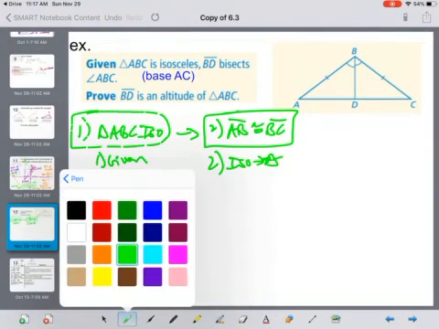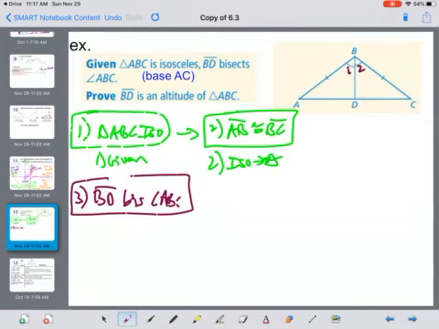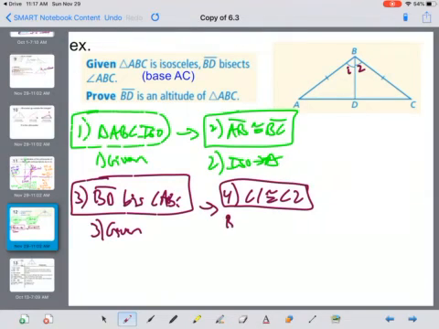I then have another given that states that BD bisects angle ABC. And I'm going to put some numbers in there, 1 and 2. So that tells me angle 1 is congruent to angle 2, because when you bisect an angle, it creates two congruent angles.